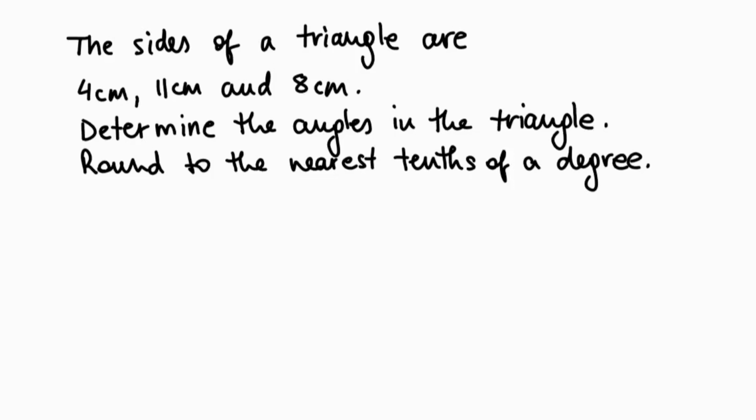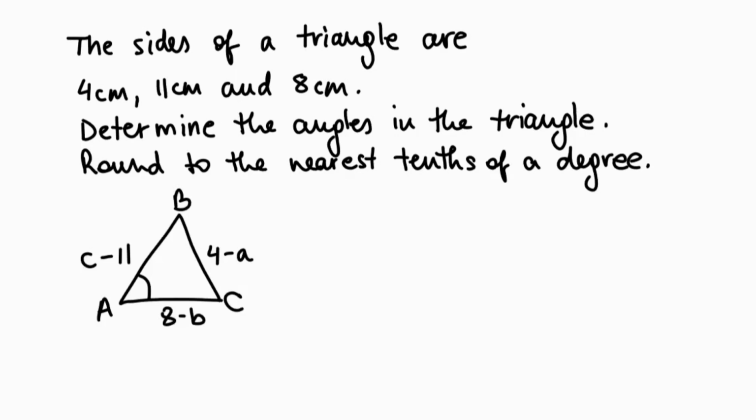The sides of a triangle are 4, 11, and 8 centimeters. Determine the angles in the triangle, round to the nearest tenth of a degree. So here is the diagram. It's important to label your angles and sides so that you don't confuse what is what in the formula, because it's important that the angle that you solve for corresponds to a specific side.